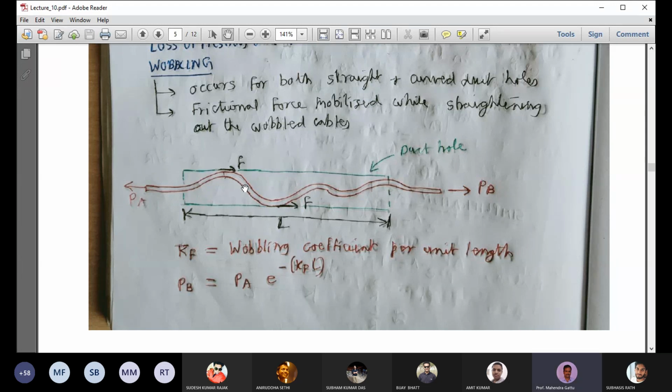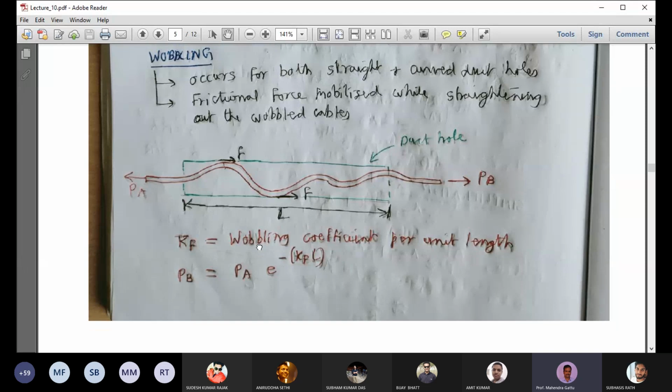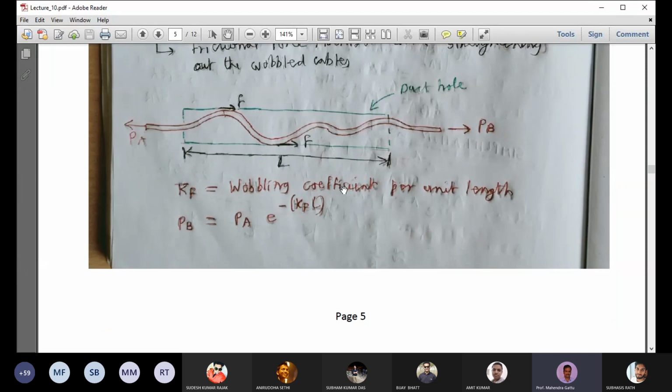So this entire frictional force can be quantified by this factor called wobbling coefficient, which is denoted by Kf. So Kf is the wobbling coefficient, and it is given per unit length.